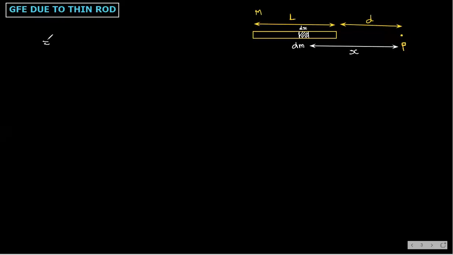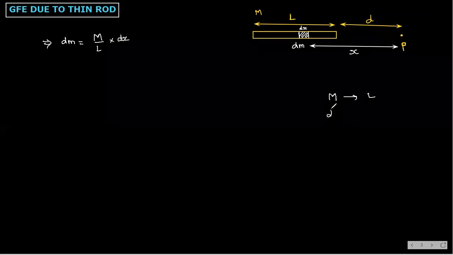So can I write like this? dm is equal to total mass distributed over length, into how much part you want. Like capital M over length L; for small dm, the length is dx.